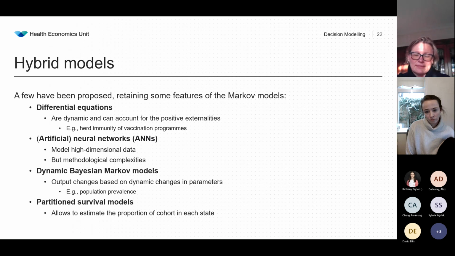Here we're estimating the proportion of the cohort in each state based upon some survival equations. So in cancer, you could incorporate overall survival or progression-free survival, and there are sophisticated functions that you could build into the survival estimates.